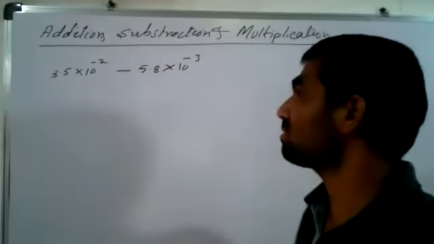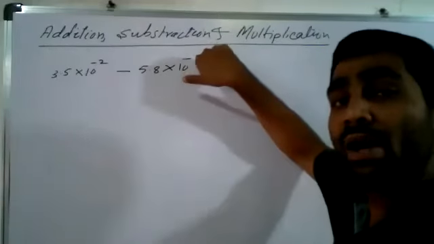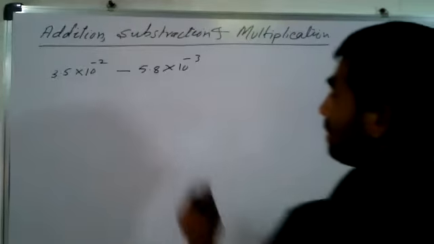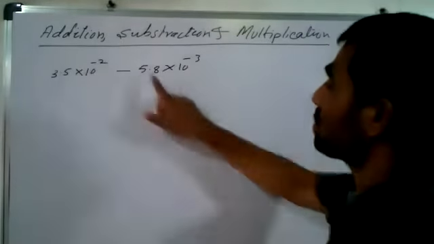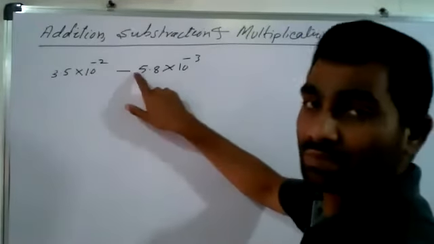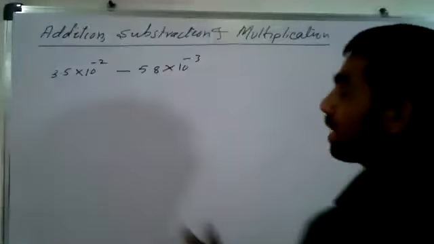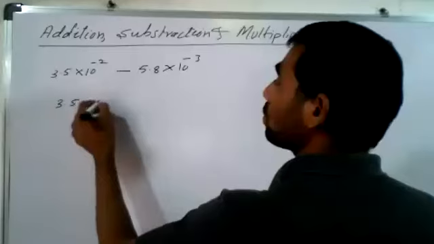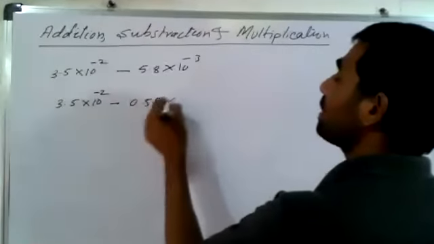How can we do this? This minus 3 can be brought up to minus 2. By shifting this point before 5, this becomes 0.58 into 10 to the power minus 2. So I can write 3.5 into 10 to the power minus 2 minus 0.58 into 10 to the power minus 2.